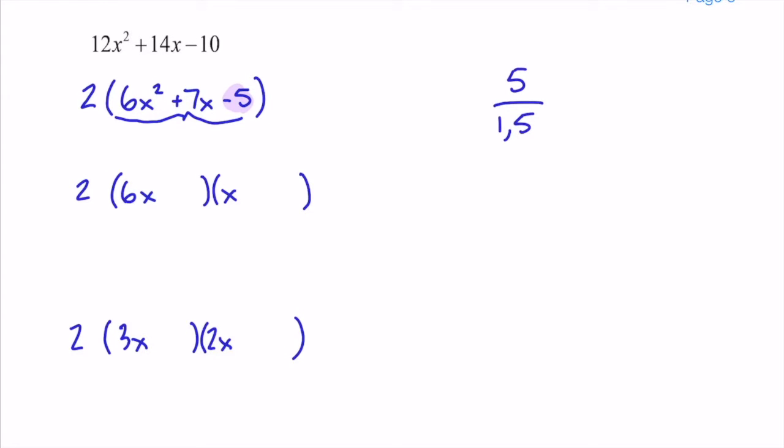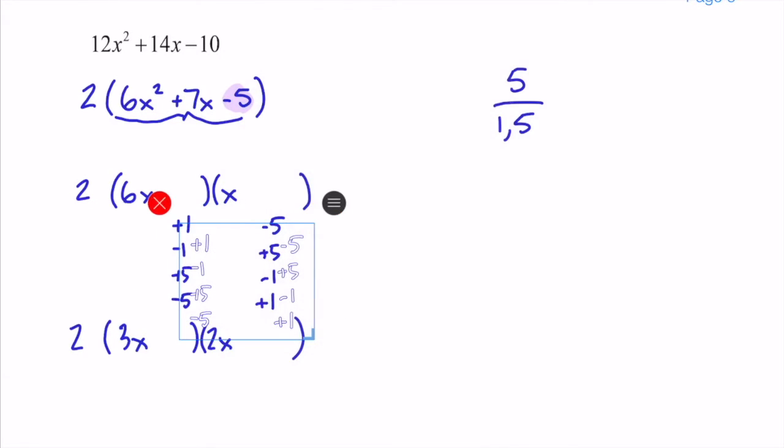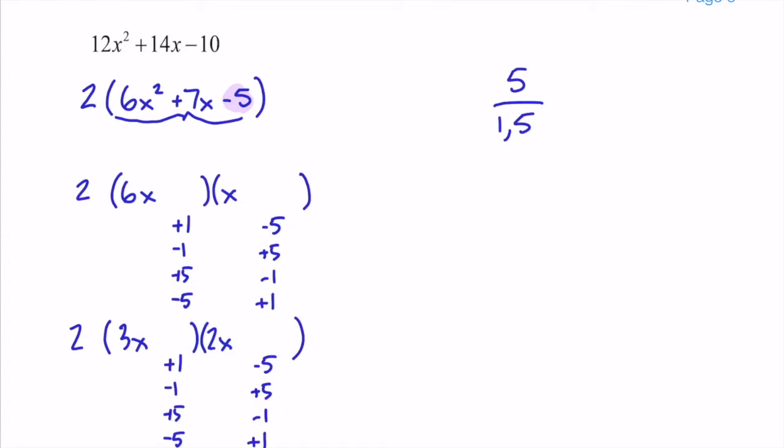So I need to have one of these numbers be positive and the other one be negative. So I could have +1 and -5, -1 and +5, or I can flip the order and have +5 -1, or -5 +1. And I can consider all of those same combinations down here. So I've got 8 different scenarios to consider.